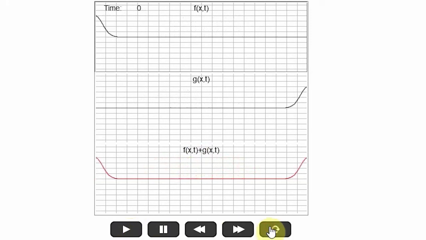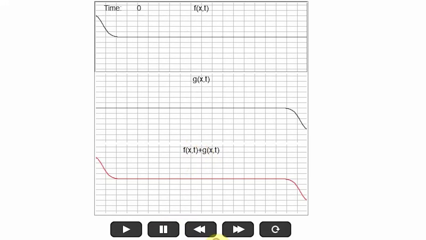Now, if we are to reload this for a second and we let this replay, then what we can do is pause the animation right at the maximum point of superposition, which is right there, and the sum of the amplitudes of these two pulses is going to be equal to the amplitude of this pulse.